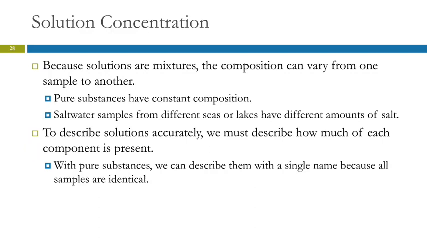So in order to describe a solution accurately, we have to specify how much of the solute is in there. Is this super salty water, or is it just barely salty? Pure substances, we can just use a single name because it's always going to be the same. But with a solution, we have to specify the relative amounts of solute and solvent.